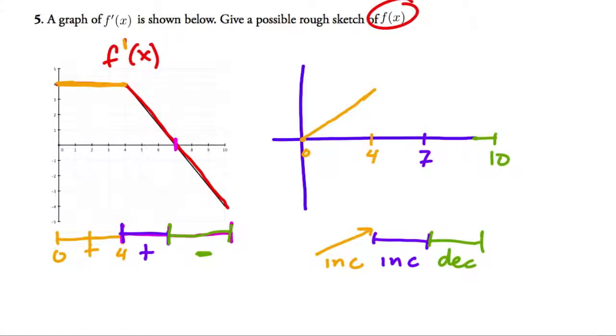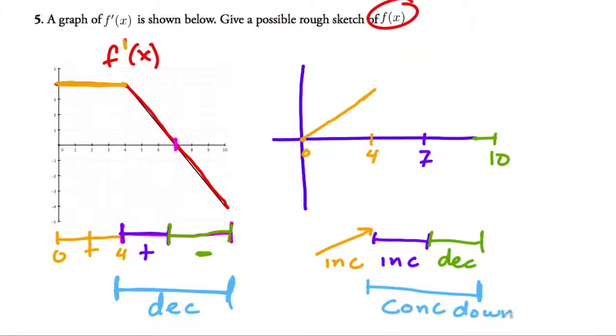Okay, but then there's another aspect of this, and that is that throughout this whole time, the derivative is decreasing, right? And what does that tell you? This is going to take you a step back a little bit, but that means that throughout this whole period right here, your original function, or your antiderivative, is going to have to be concave down, right?